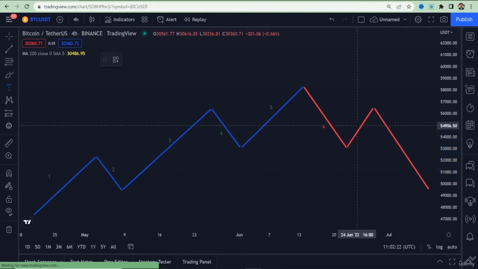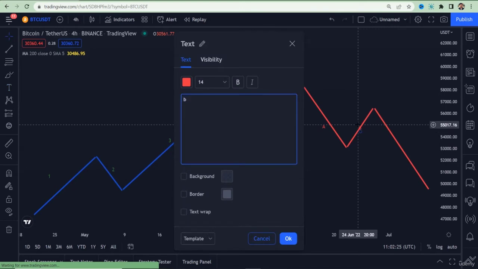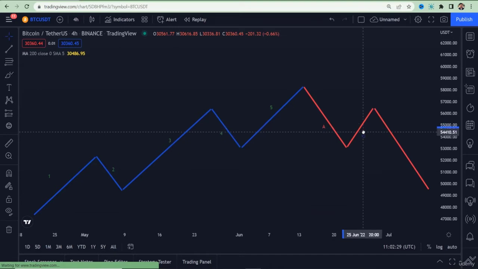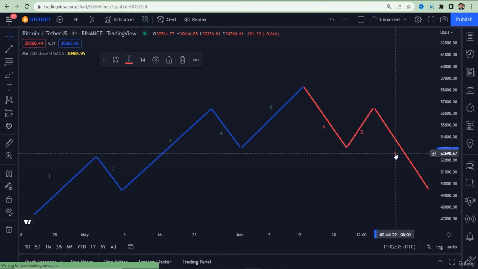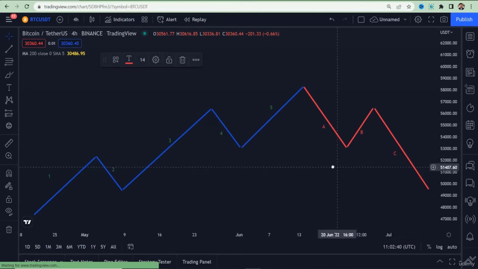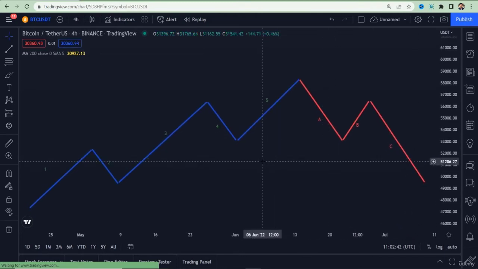Okay, then we write the names here, to make it easy for you guys. You have the B here, and then you have the C here. So this is a complete Elliott wave.